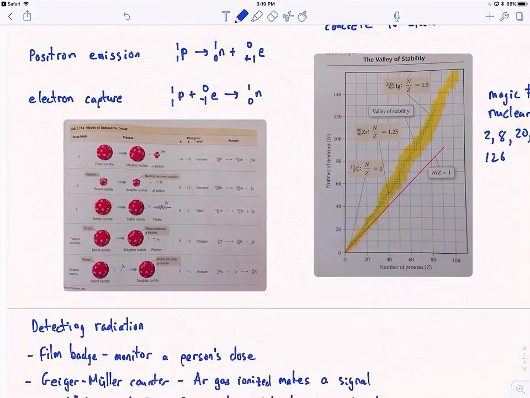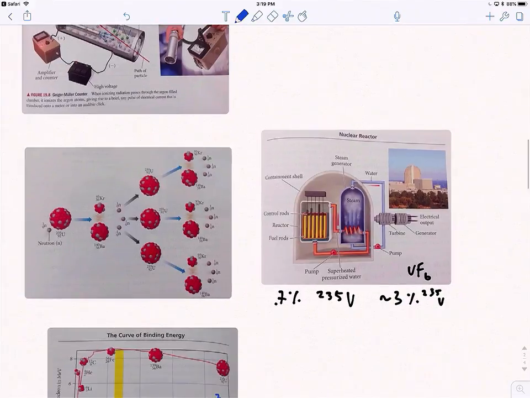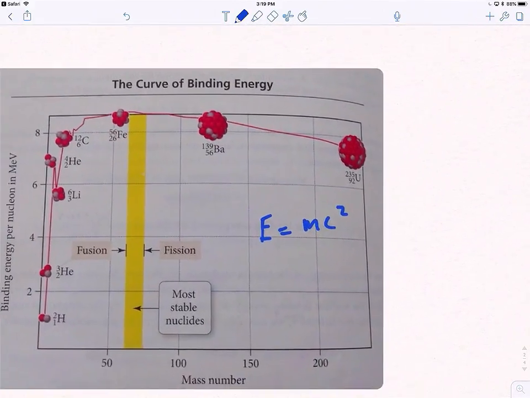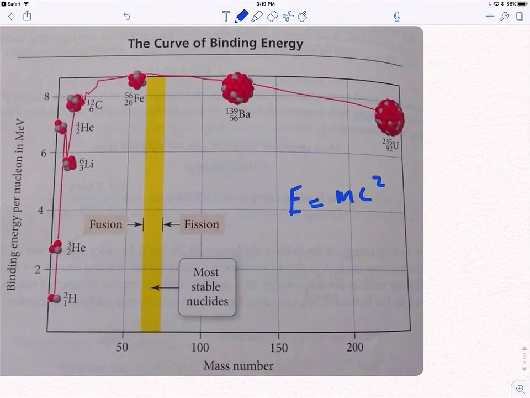So here is the curve of nuclear binding energy. If you look at a free proton or a free neutron, it's actually more massive, generally speaking, than the proton or neutron inside of an atom's nucleus.